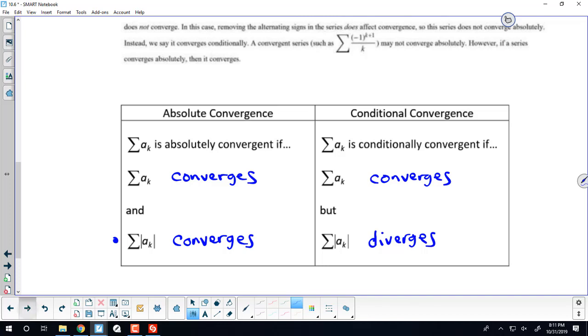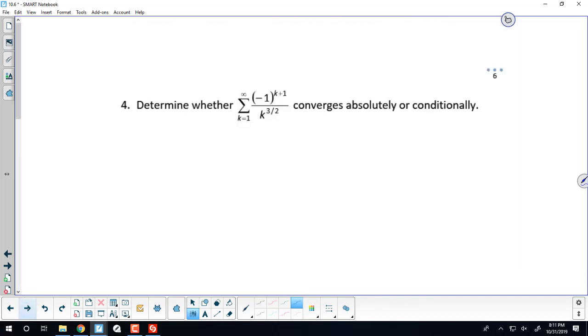All right, so to put that in practice, determine whether the given series converges absolutely or conditionally. So to determine that, you've got to test 2 series. You've got to test the series as it is, and the other one you have to test the absolute value of the series.